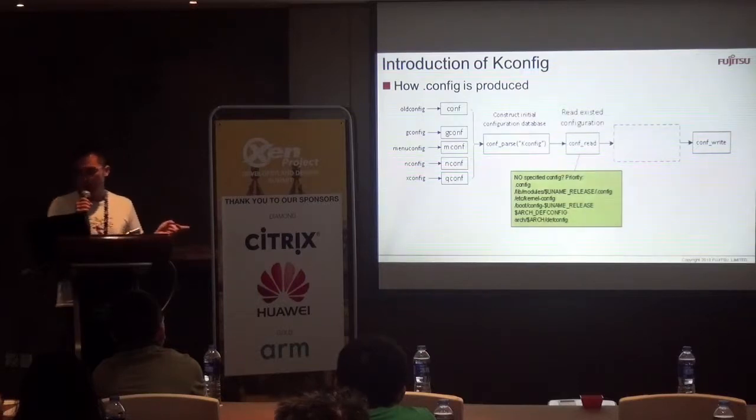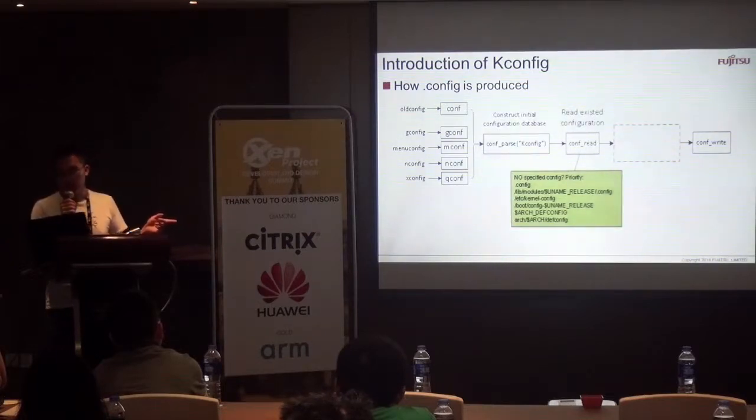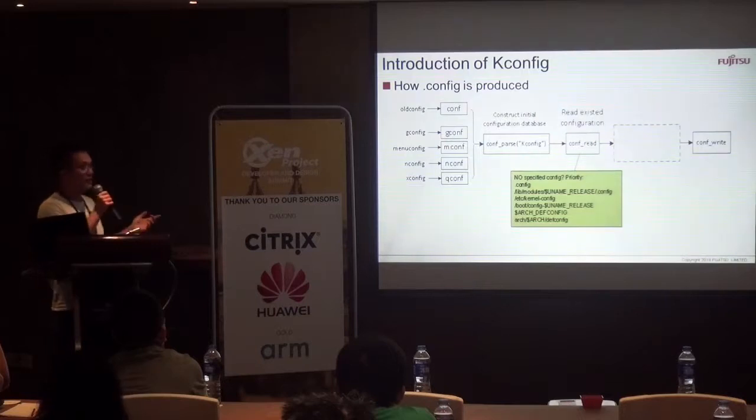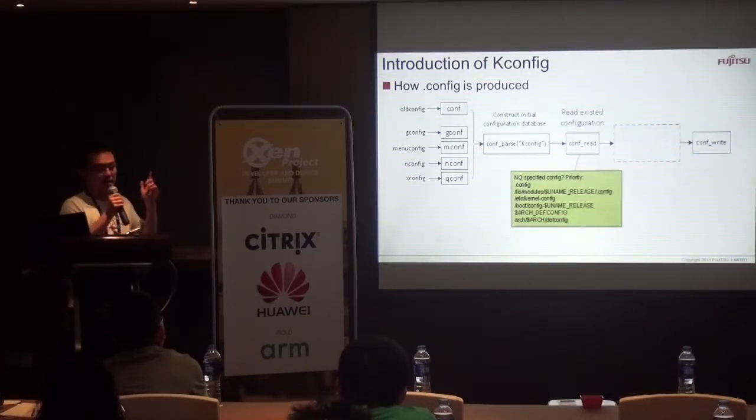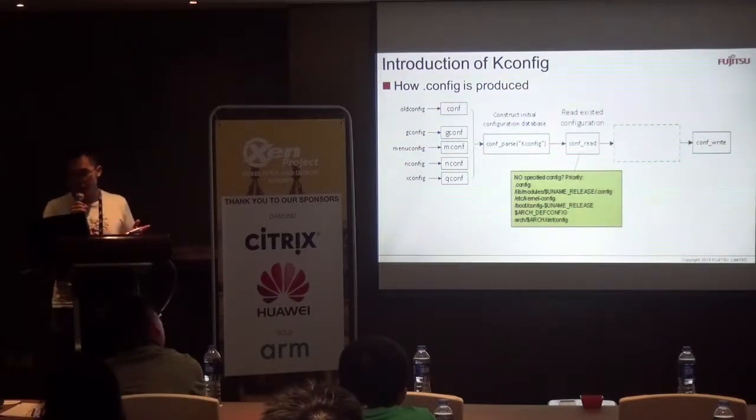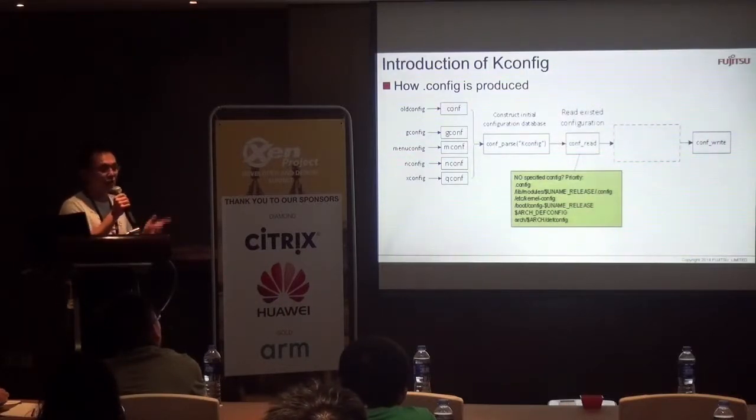Okay, now let's see how the .config file is generated. This picture shows a typical process for most config targets, but not all. Like allyesconfig and allnoconfig, they have slight differences. The config targets are actually processed by different host programs.